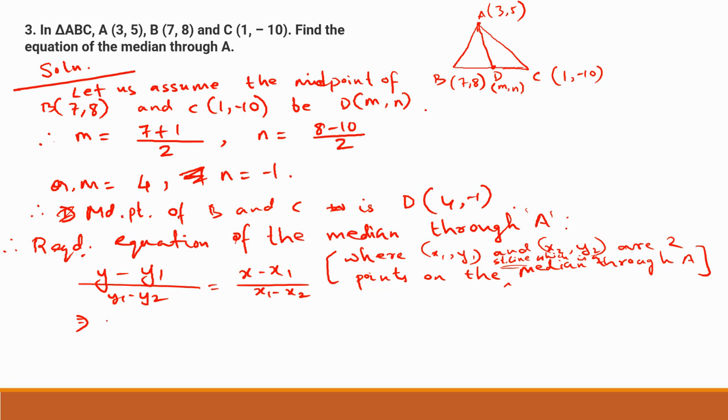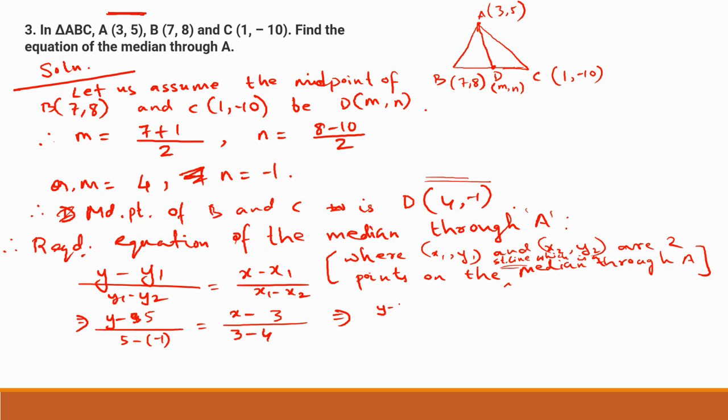So this implies y minus... the two points are now known: (3, 5) and (4, -1). So (y minus 5) divided by (5 minus (-1)) equals (x minus 3) divided by (3 minus 4).